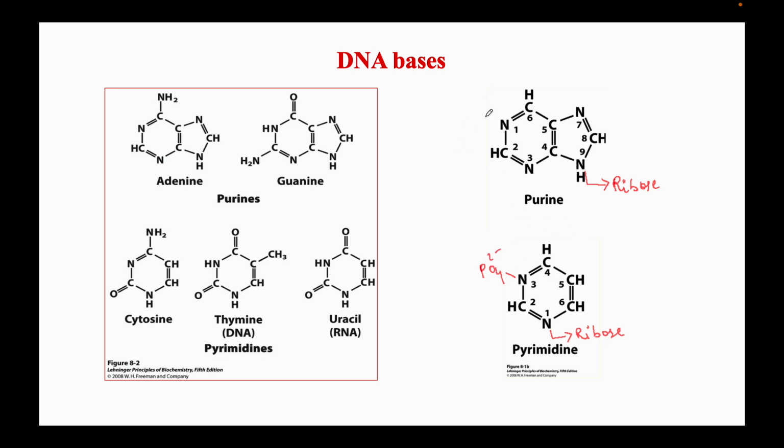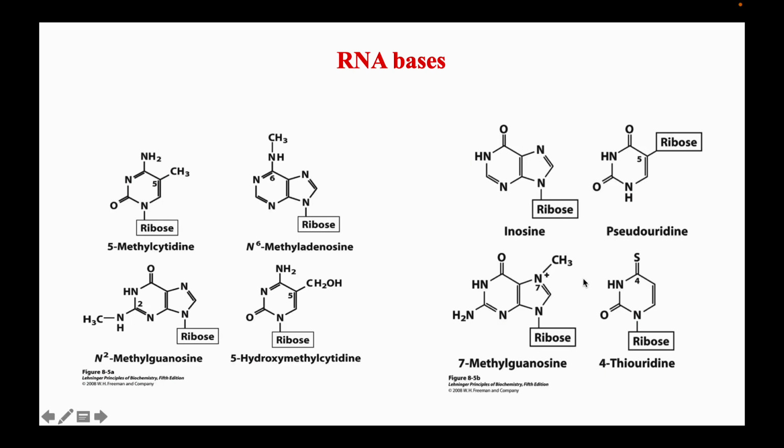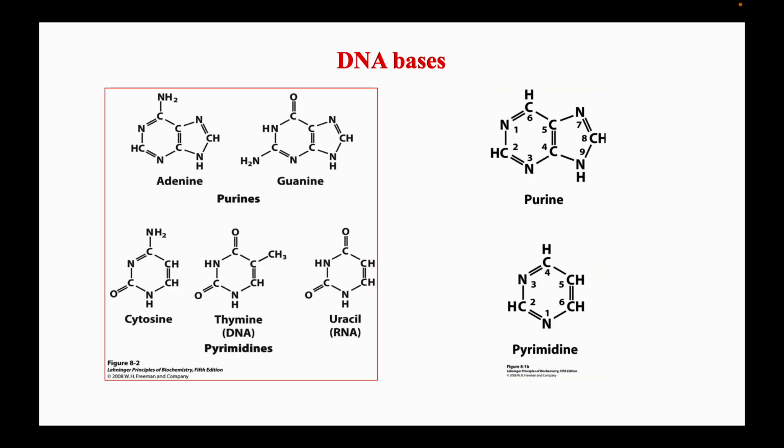At N3 we have a phosphate, and at N1 we have a phosphate, to form a nucleotide. In DNA we have only 4 bases: adenine, guanine, cytosine and thymine.